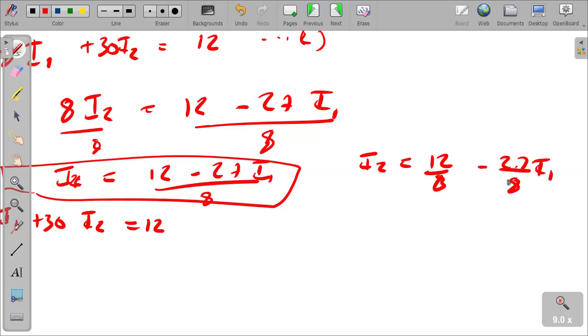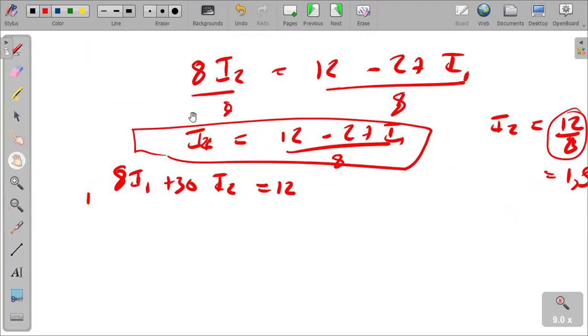It will still be correct. And 12 over 8 can be expressed as a decimal, 1.5 minus, the same applies with 27 divided by 8. It can also be expressed as a decimal, and it will give us 3.375 I1.